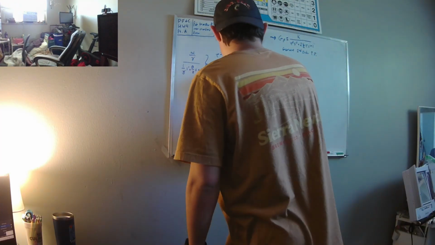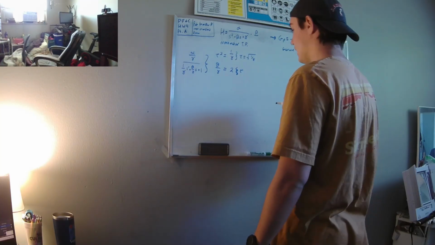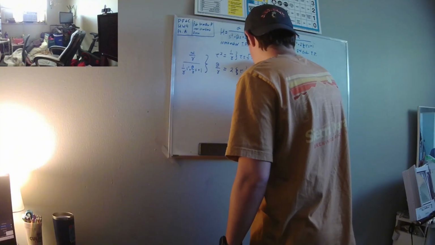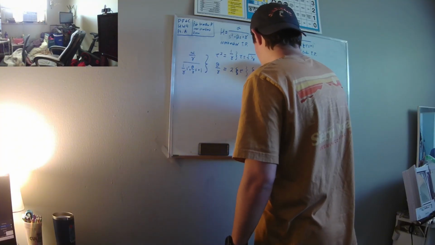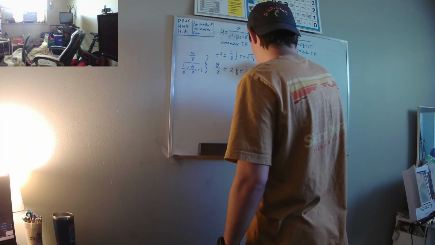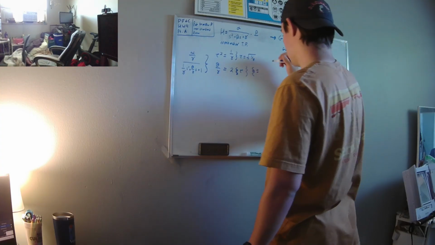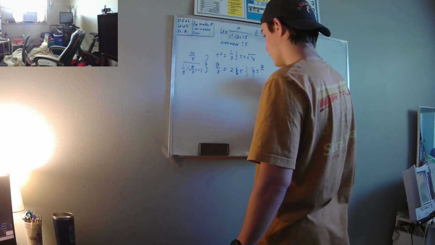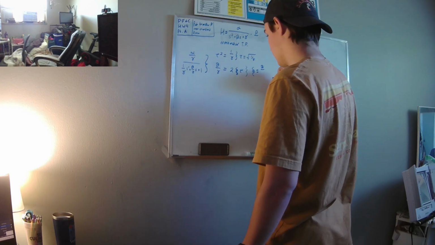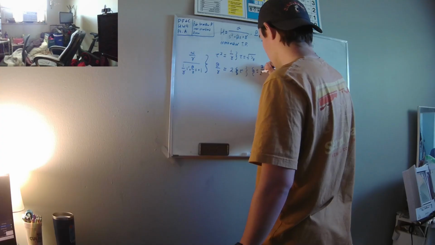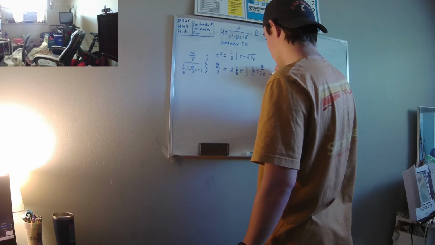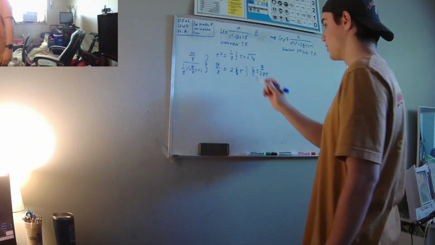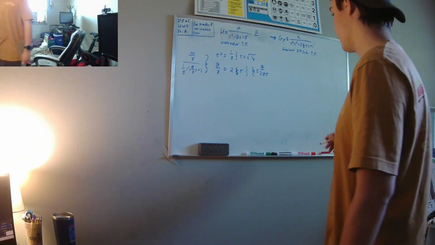So if we rearrange this, what we get is that our zeta value is going to equal beta over 2 times gamma times tau.